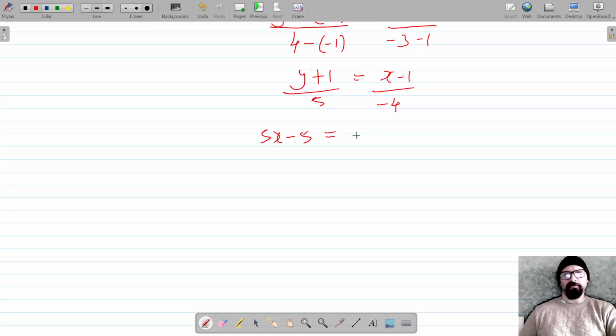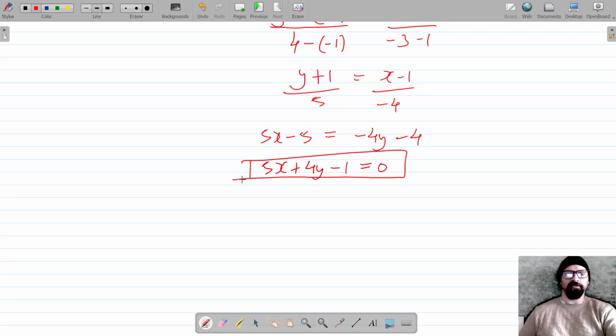So 5x minus 5 is equal to negative 4y minus 4. Okay, so this is 5x plus 4y, negative 5 plus 4 is negative 1. So 5x plus 4y minus 1 is equal to 0. This is the equation of AD.